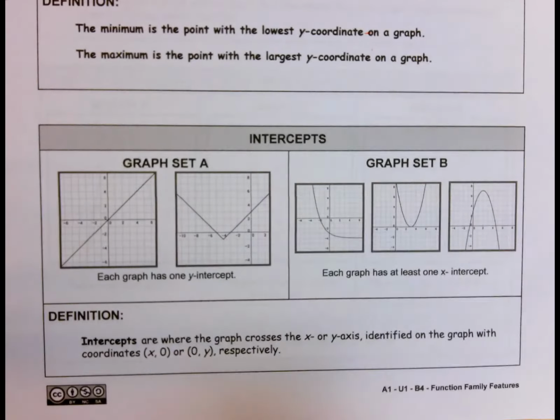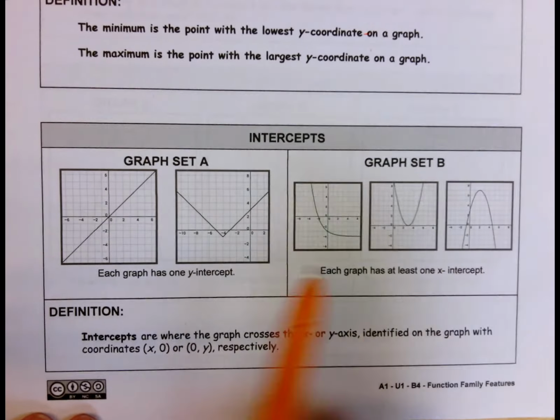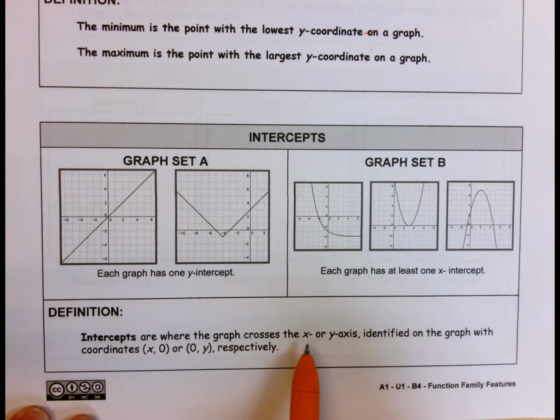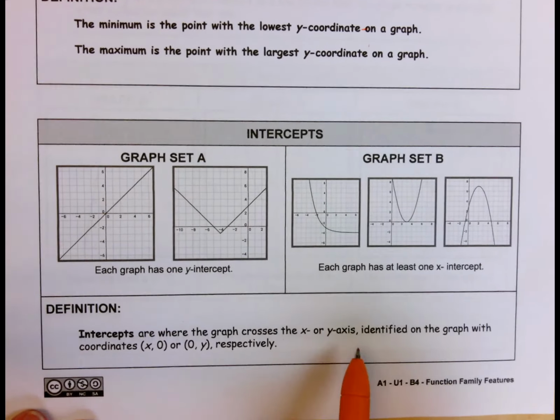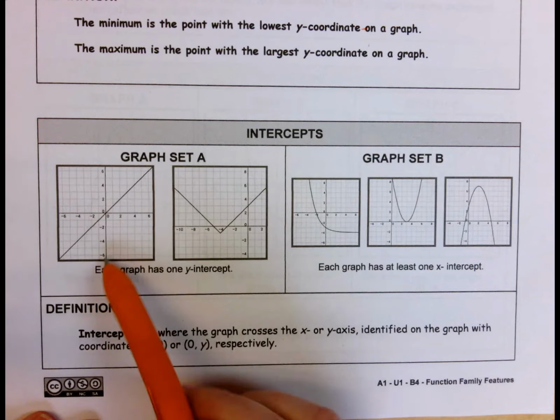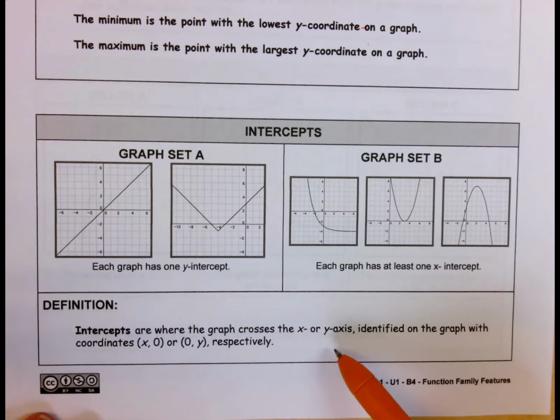Then we look at intercepts. And so intercepts are where the graph crosses either the x or the y-axis. So an x-intercept is where it crosses the x-axis, and the y-intercept is where it crosses the y-axis.